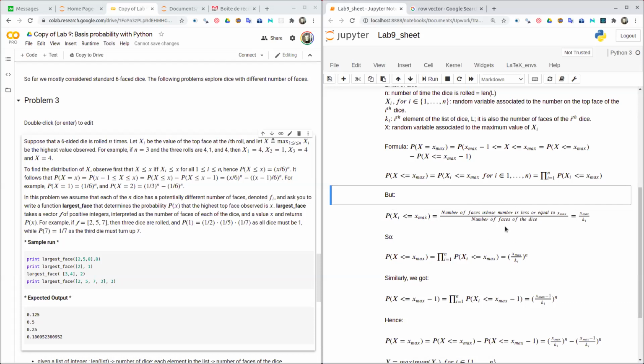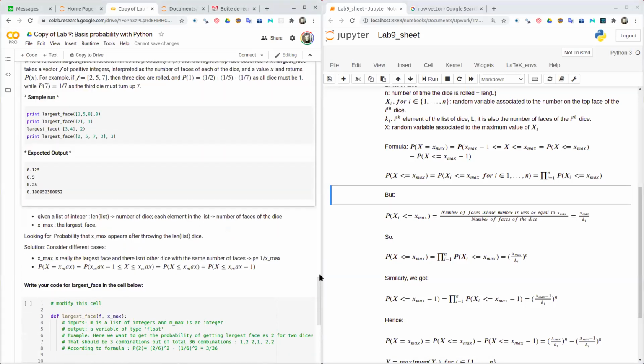In our case, the number of faces is not the same every time. In the example, it was 6. They suppose that it is a 6-sided die. But in the function that they gave you, it could vary. For example, it could take first 2 faces, then 5, then 7.